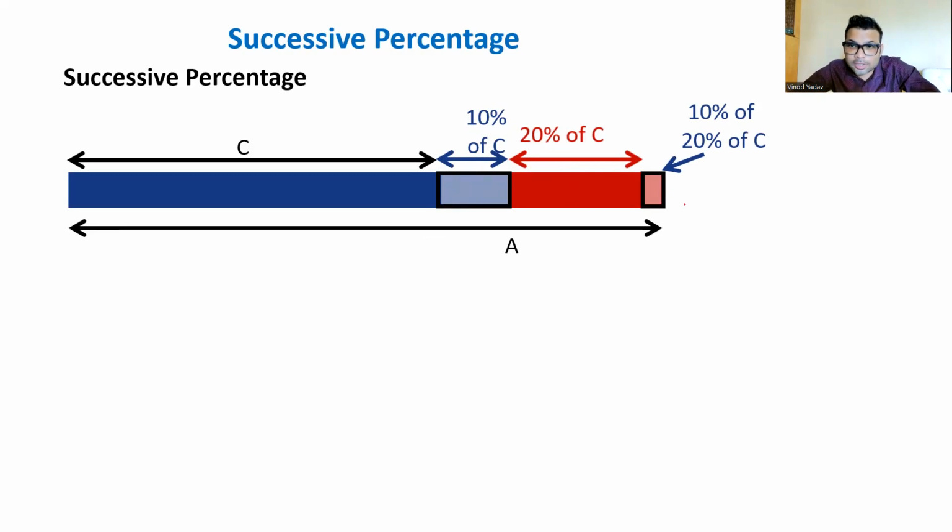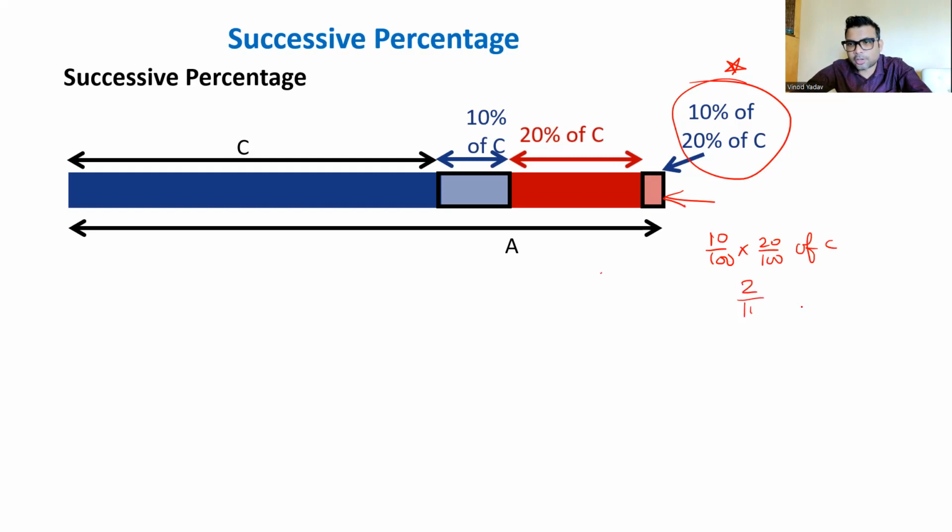So this is extra, right? 10% of 20% of C. This is exactly 2%, right? 10% of 20% of C. So 10% of 20 is 2, 2 by 100.